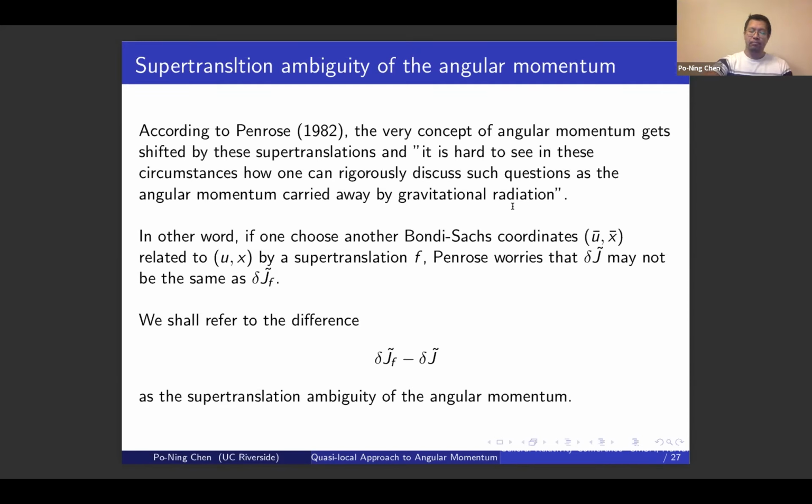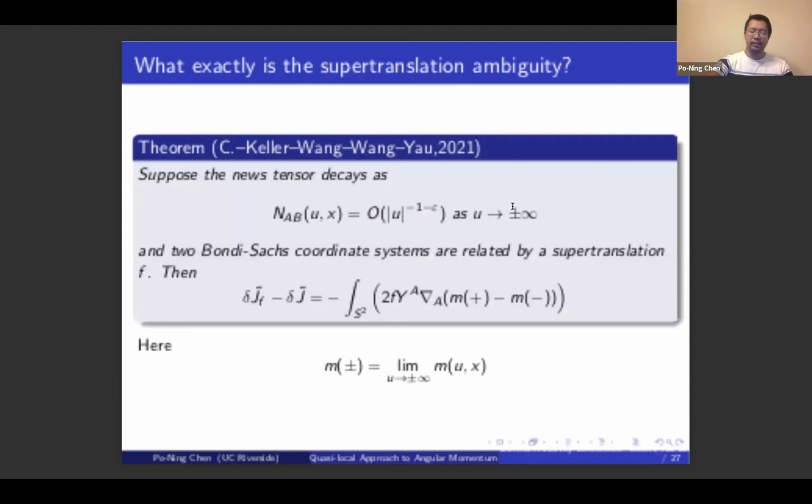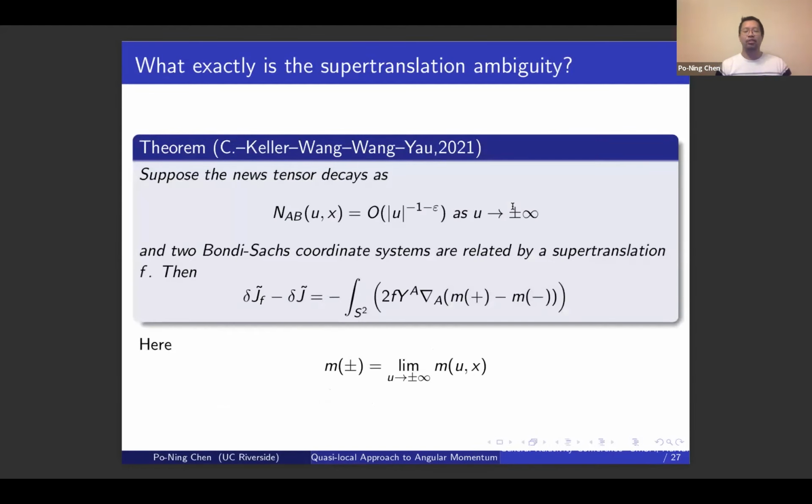So first thing is, well, what exactly is this supertranslation ambiguity? So you worry that there might be an ambiguity, but can we quantize it? What exactly is this ambiguity?